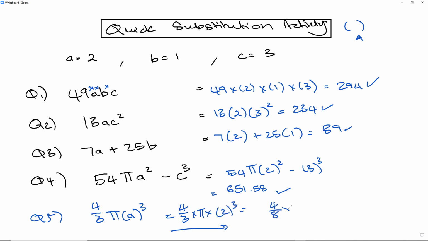So that's 4 over 3 times pi, which is like pi over 1, times 2 to the power of 3, which is 8, which is 8 over 1. So that goes to 32 pi over 3. And that's easy to put in a calculator. You put 32 shift pi equals divided by 3 will come to 33.5.